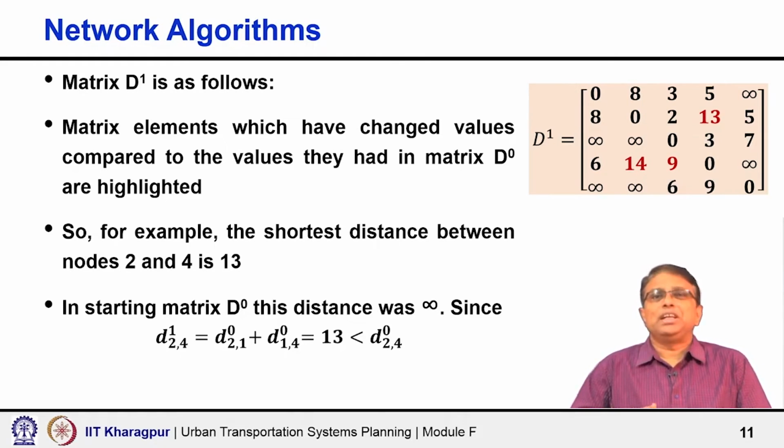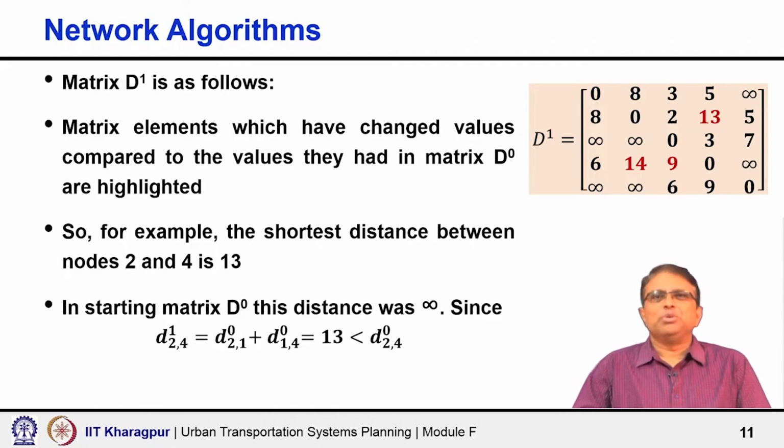There need not even be a direct connection, because as we proceed, all of this gets updated. The direct connection may vanish after some time, but whatever is my best solution till the previous iteration, in this iteration we could not get a better solution than what I already got. So, I do not change those cells.